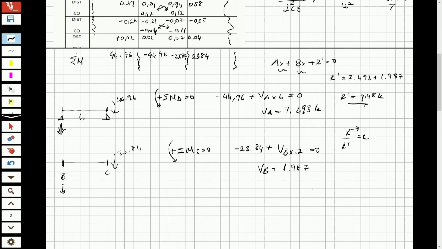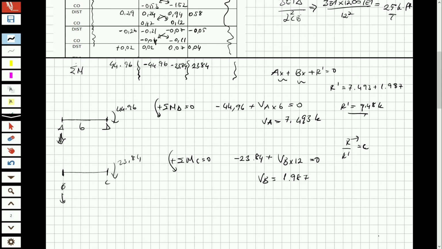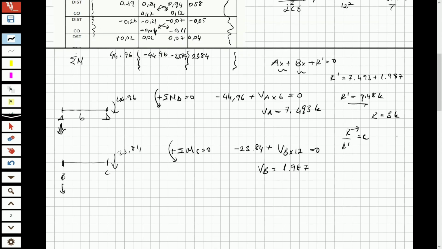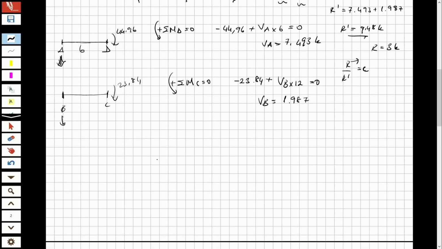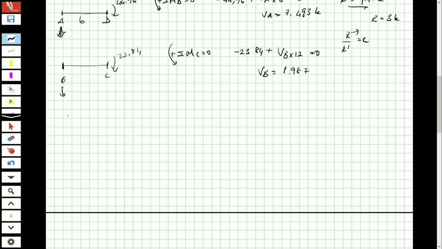The first table was, we assume that there is no displacement, so we can't use that table now, so we're going to take R as 3. R will be equal to 3 give. Now I have R and then R prime, so let's calculate the last moments that I need.